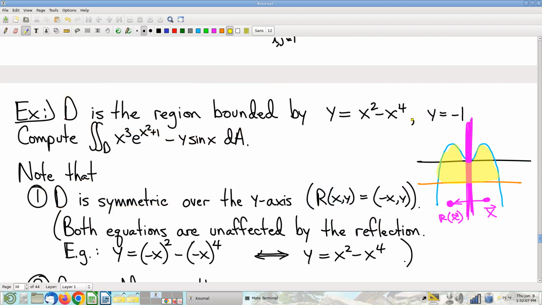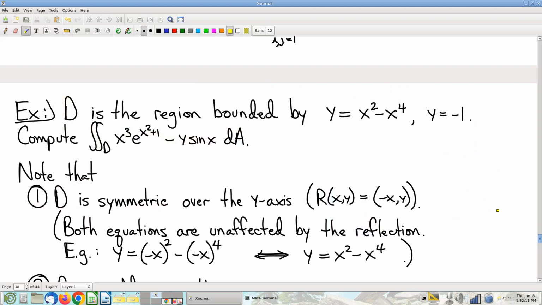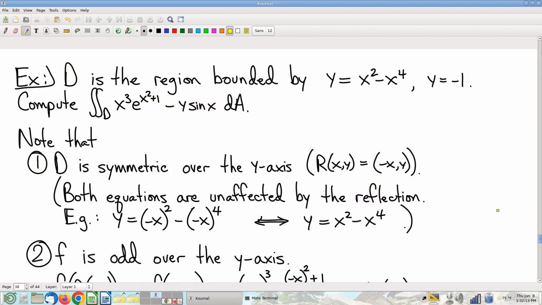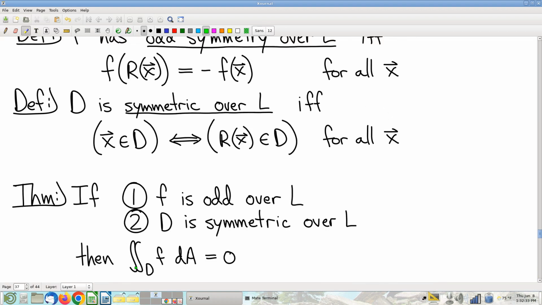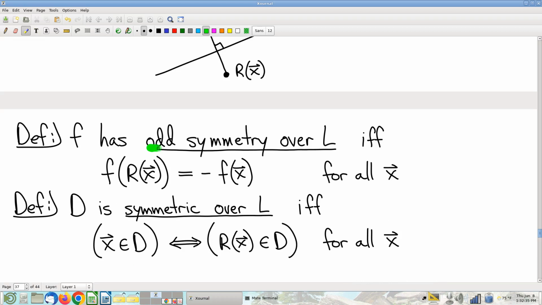So now with that said, I claim that our integrand has odd symmetry. Now, is that obvious? Oh, no. No. Right? This is not an at-a-glance kind of a thing. In order to confirm that this function actually is odd, we've got to go back to the definition of what odd symmetry means.